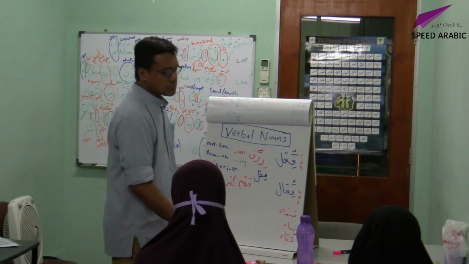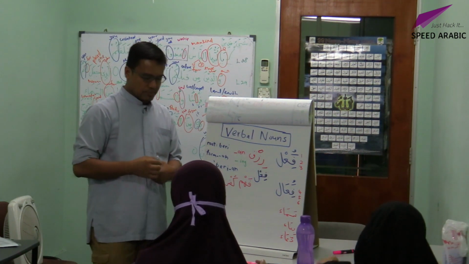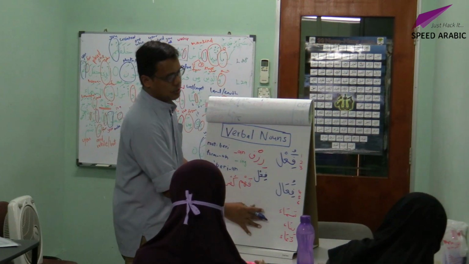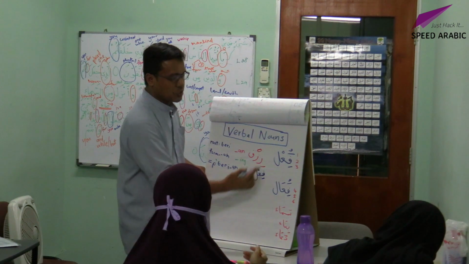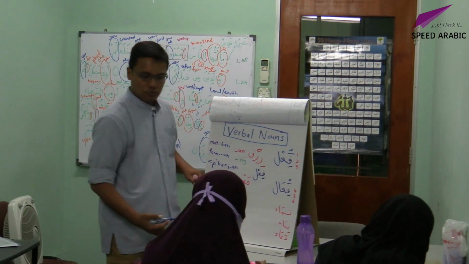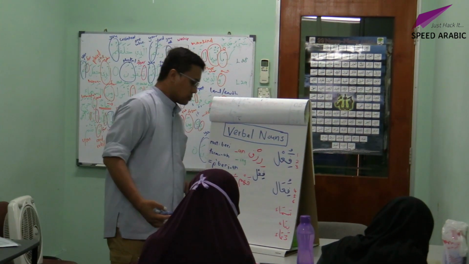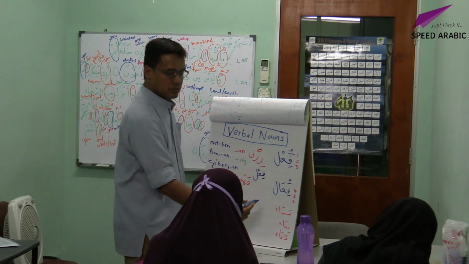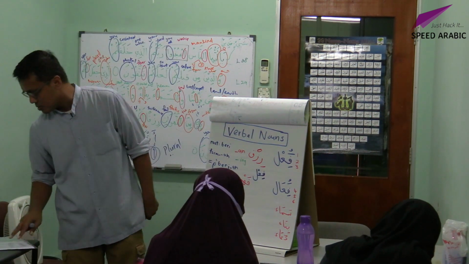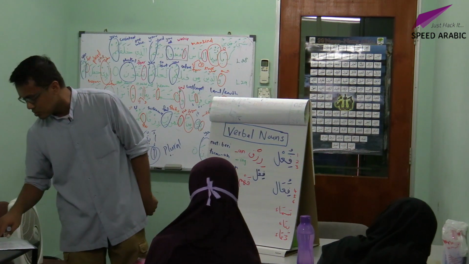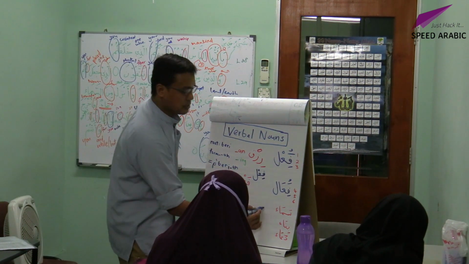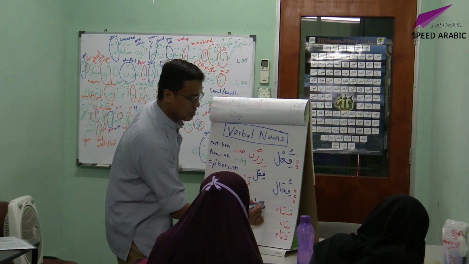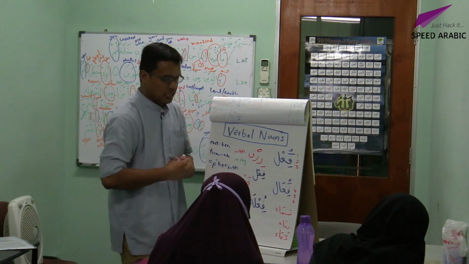So that's the benefit of knowing formal meanings, knowing noun forms. What are the other noun forms for verbal nouns? Fi'lah and fu'lah, right? So fi'lah and fu'lah. So this is two more.